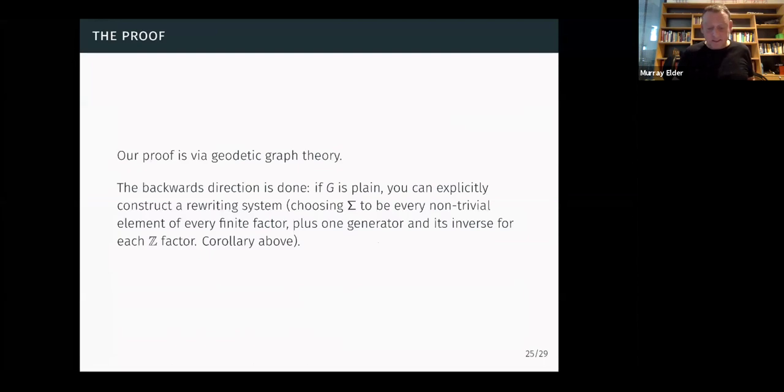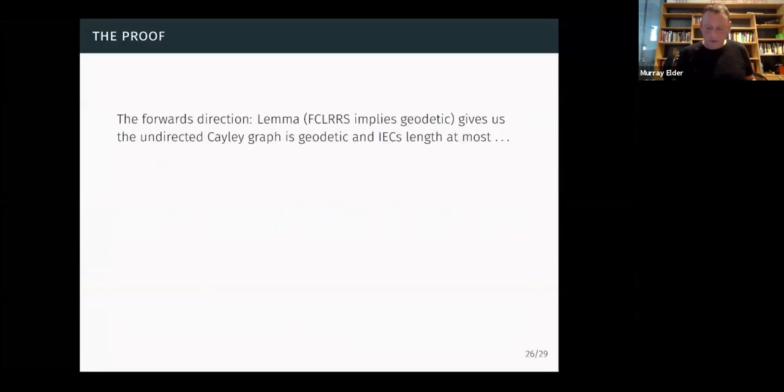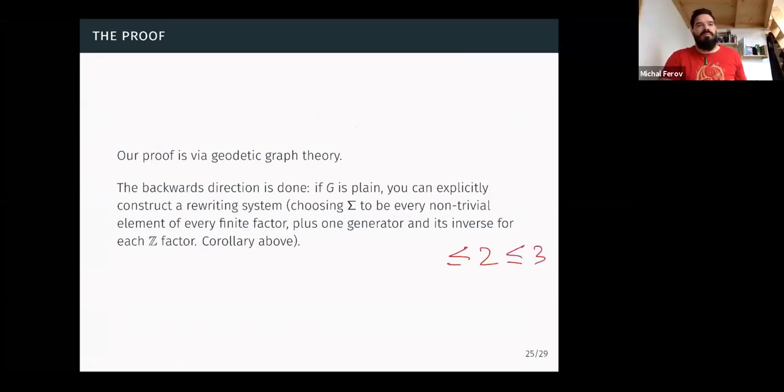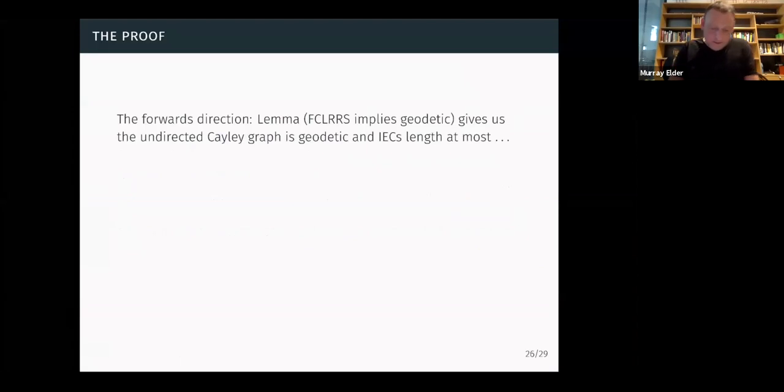So the backwards direction is already done. If it's plane, we've explicitly got a rewriting system, as I have outlined, where every left-hand side has length at most 2, which is at most 3. So we're good. So this is the forwards direction of this proof.